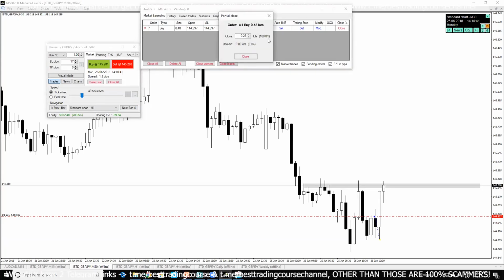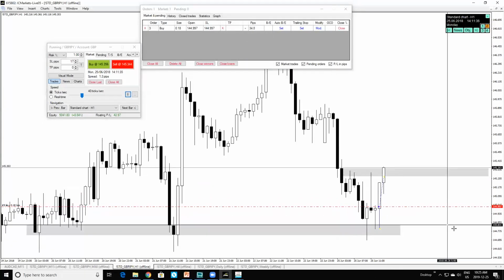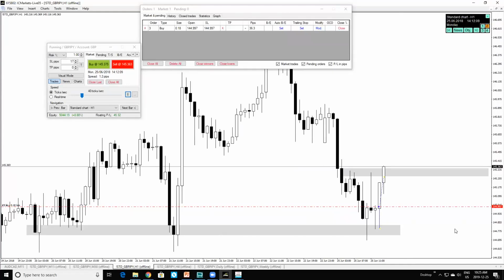Let's say 0.30 is what you secure. Close, and you let the rest run. And that was your trade. That was your trade for the day. Yeah, that was the trade of the day.